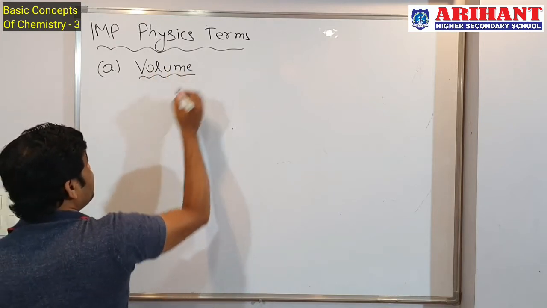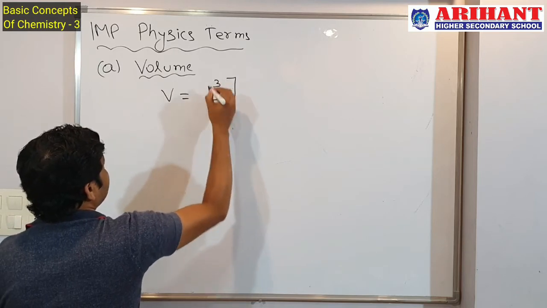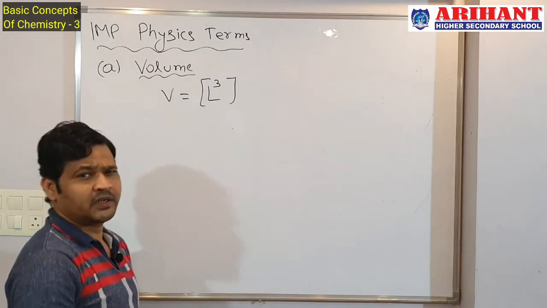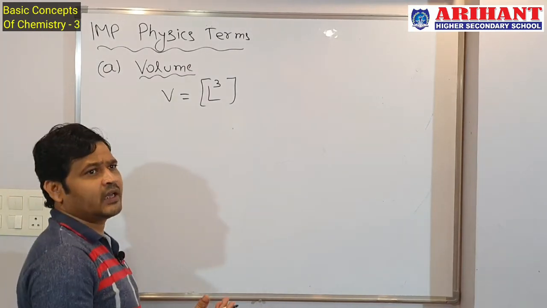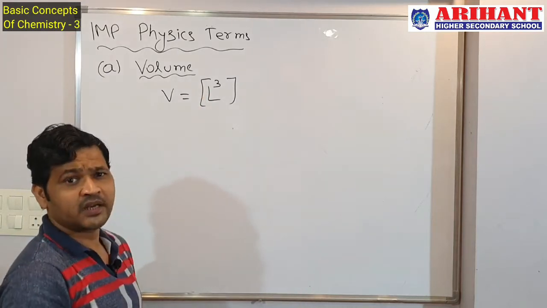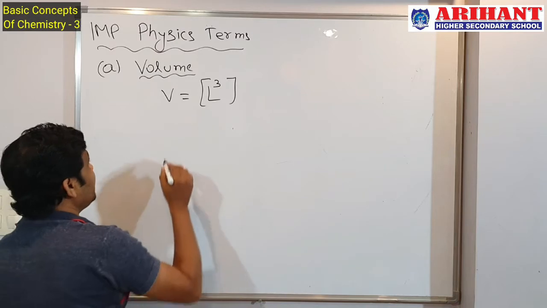Volume is a physical quantity. V is equal to L cube. Length into breadth into height, and all are length, hence dimensional formula is L cube.